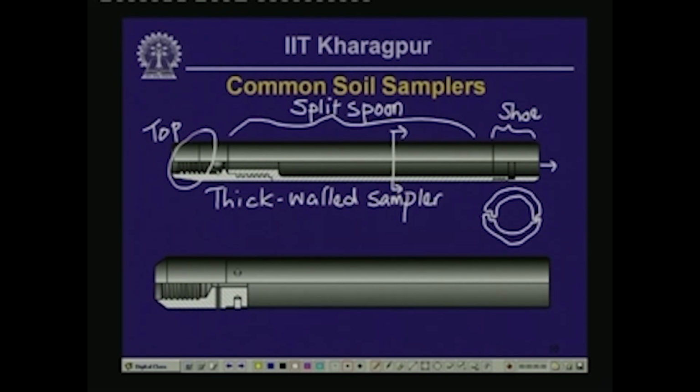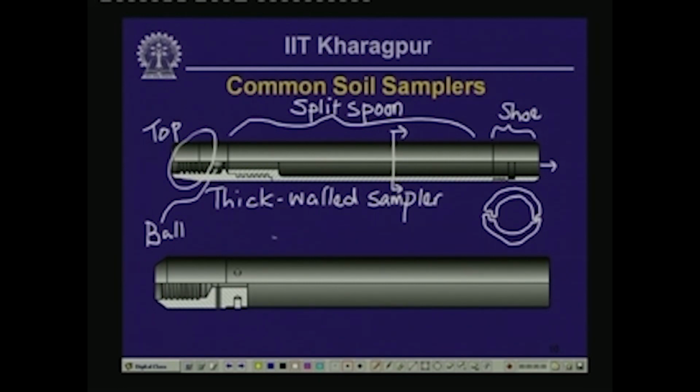Also of interest in this case is that there is a ball inside of the sampler. By the way, this particular view is a cut view of the sampler. The top half of this picture shows the outer appearance of the sampler, and the bottom half gives you a cut section. So, you can see the ball near the top, and this ball allows the air and water to escape as the sampler is inserted into the ground.